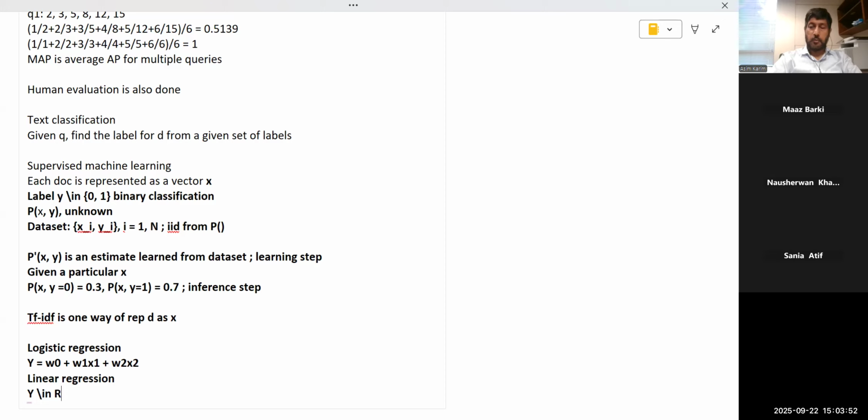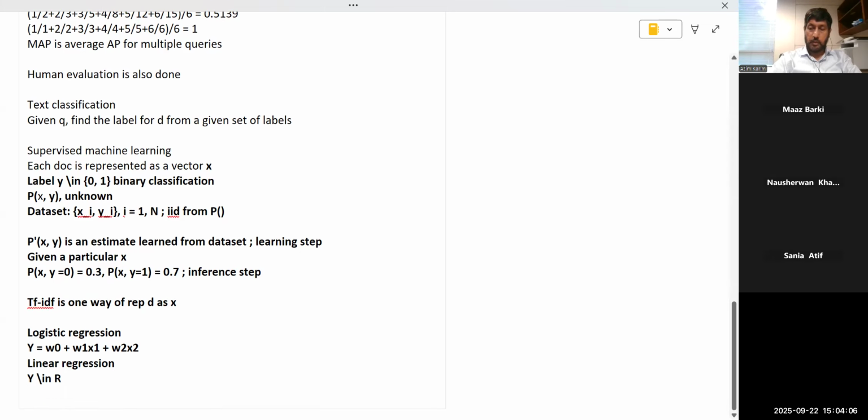So once it's a probability value, then you can use it as we discussed earlier to find the class of a particular document. But going back to this, what are these W's? These are called parameters of the model.